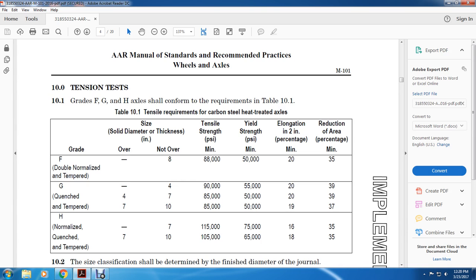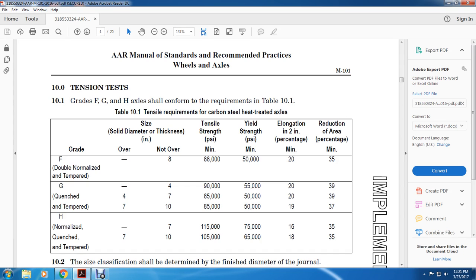Tempered, grade G, over 7 but not over 10, 85,000 tensile strength, 50,000 yield strength, 19% elongation in 2 inches, 37% reduction of area. Grade H, normalized, quenched, and tempered, not over 7, 115,000 tensile, 75,000 yield strength, elongation 16% in 2 inches, 35% reduction of area.